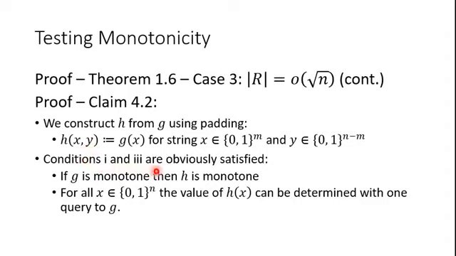So conditions 1 and 3 are obviously satisfied. If g is monotone, then of course h is monotone. And for every x in {0,1}^n, the value of h(x) can be determined with one query to g, of course. This is obvious.